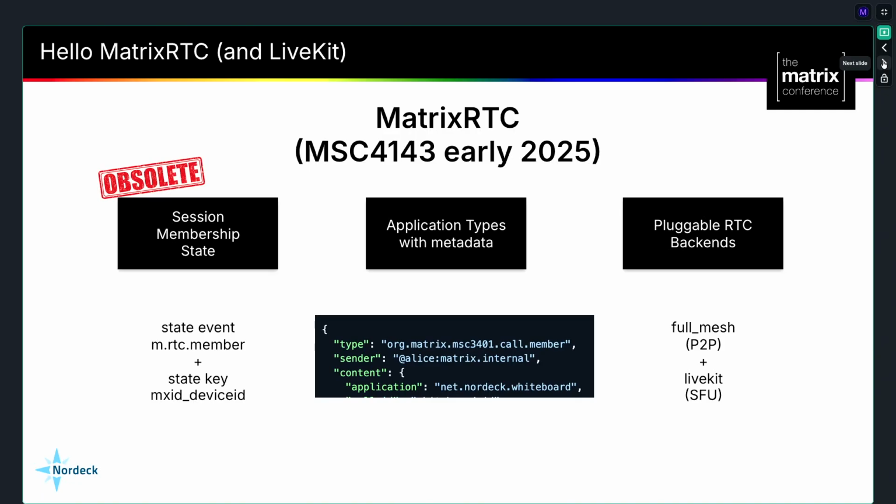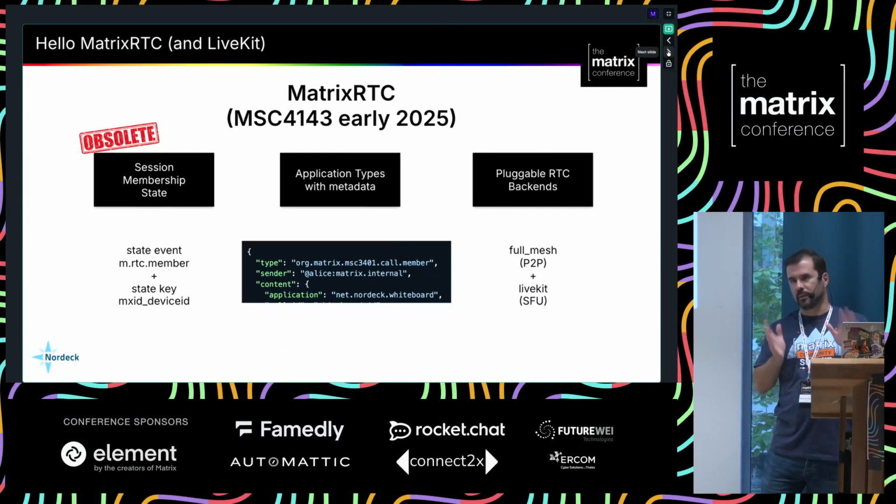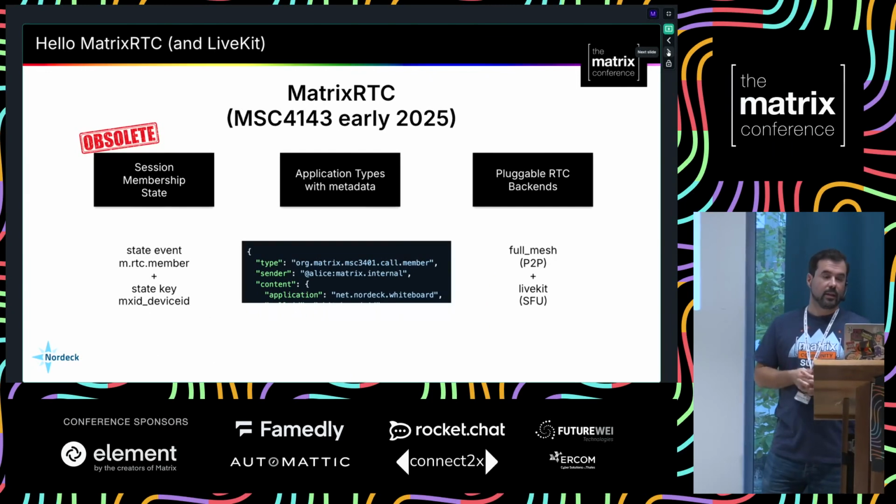And this defines membership state that is not specific to calling. So you could define new types of applications, have them with specific metadata, and also pluggable RTC backends, so you aren't really tied to full mesh. And they brought in the SFU approach.